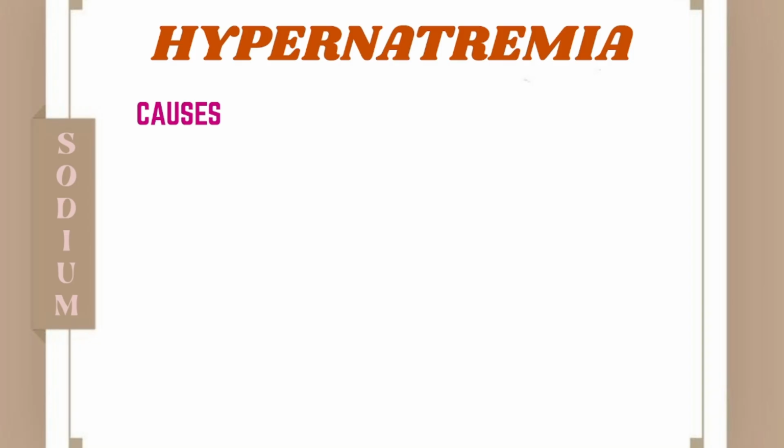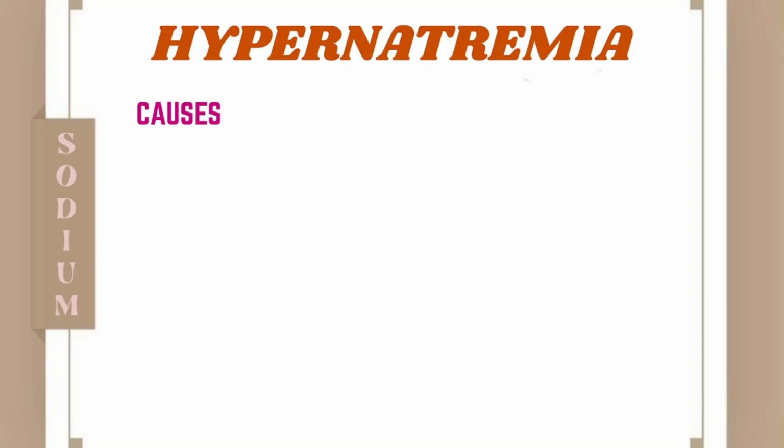So if this is a condition of hypernatremia, the two main causes can be either increased ingestion of sodium, that is why sodium is more than normal in the body, or decreased excretion of sodium as compared to water. If there is decreased excretion of sodium, that is why sodium is more than its normal concentration. So remember in your mind whenever you are learning the causes that these are the two main causes, either increased ingestion or decreased excretion.